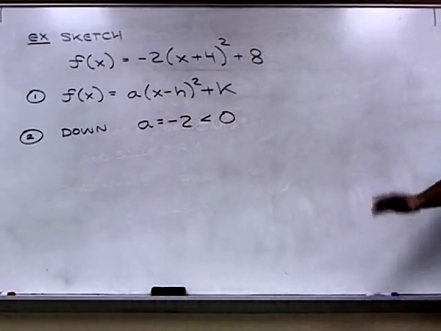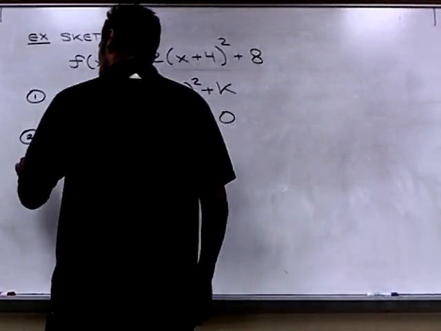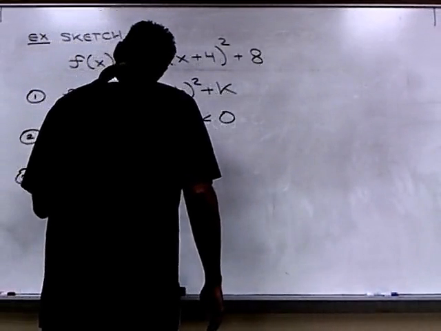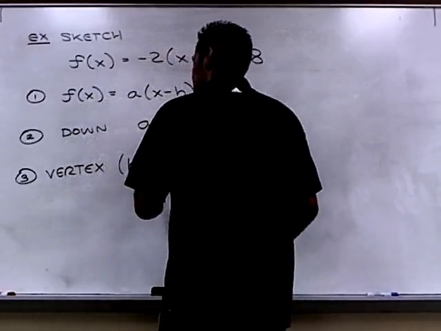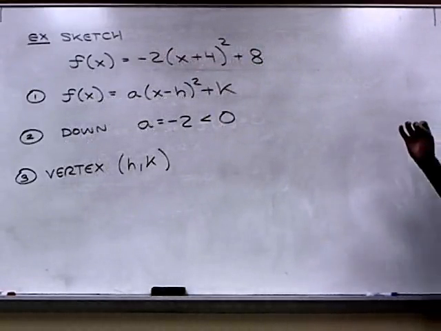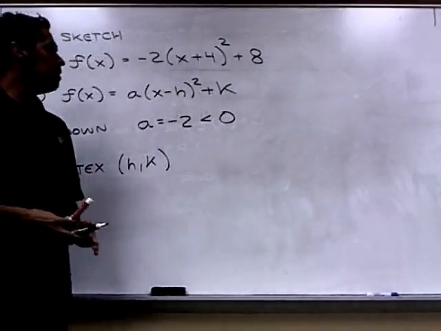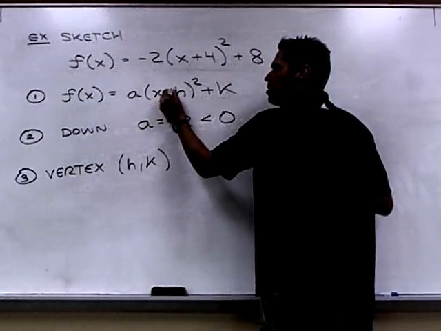All right, moving right along. Third step is to find the vertex. The vertex is the point (h, k). Here's the one tricky part to this. Be very careful with this, because if you mess this up on the test, it's going to throw everything off. Notice in the formula, it says x minus h, doesn't it?